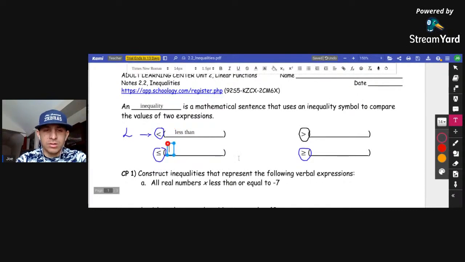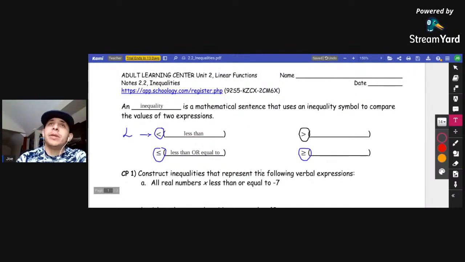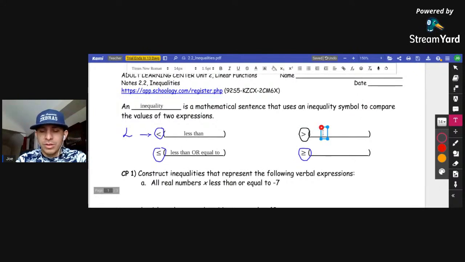And here we have the same symbol, except there's a little line underneath it, which designates or equal to. There is a huge difference between the two. In essence, actually, let's define these two and then we'll talk about the nitty gritty.